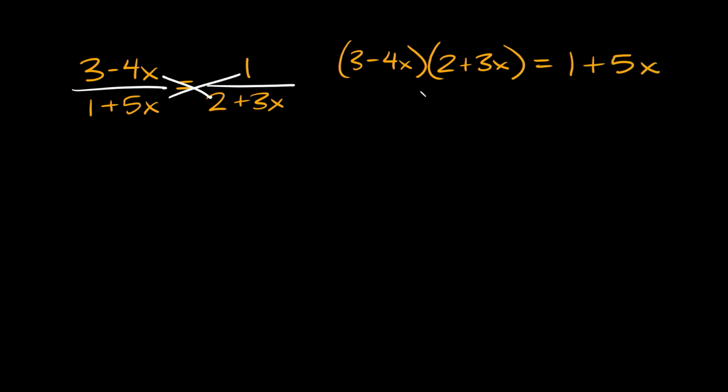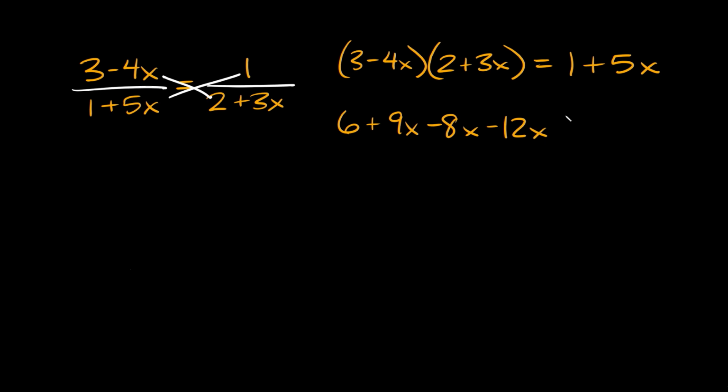Okay, so now here we have two binomials, so we can multiply them by foiling. So we're going to do first, so 3 times 2 is equal to 6, and then 3 times 3x is positive 9x, plus 9x. Then we have negative 4x times 2, that's negative 8x, minus 8x. And then negative 4x times positive 3x is equal to negative 12x squared, right?